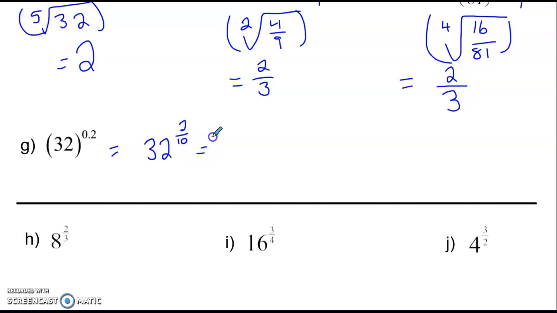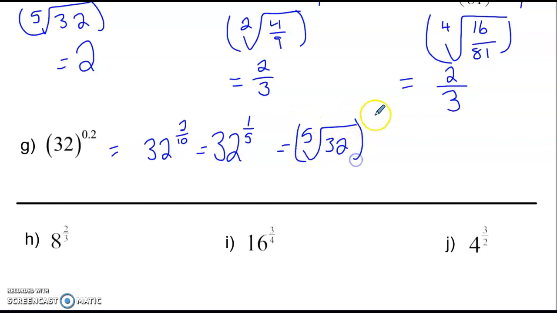That's equal to 32 to the power of 1/5, because 2 over 10 reduces to 1 over 5. So in effect, we're looking for the fifth root of 32 to the power of 1. What number multiplied by itself 5 times gives us 32? The answer is 2.